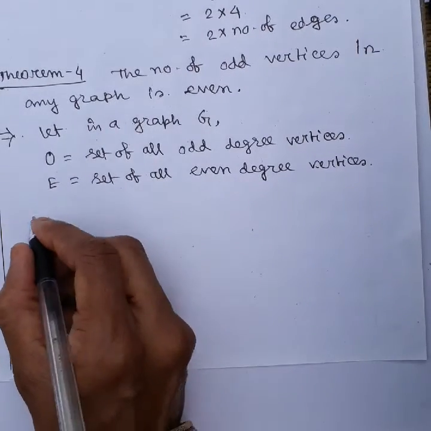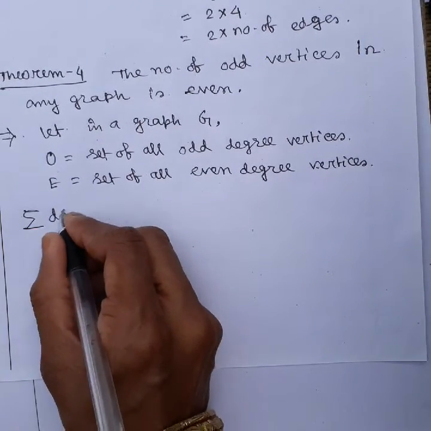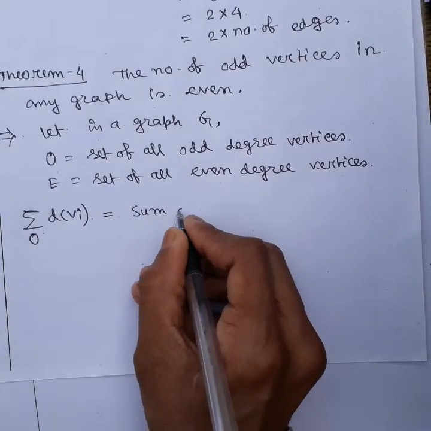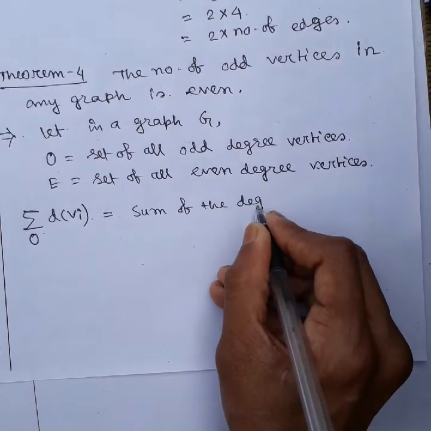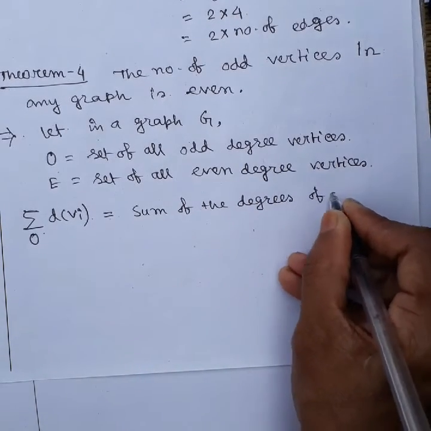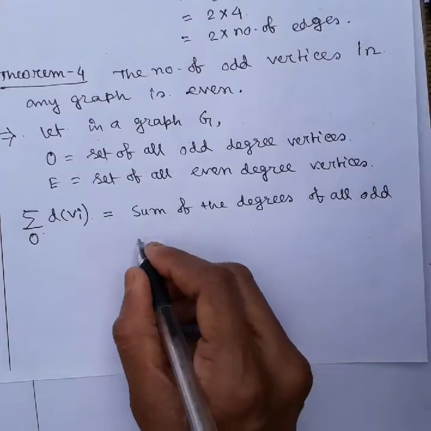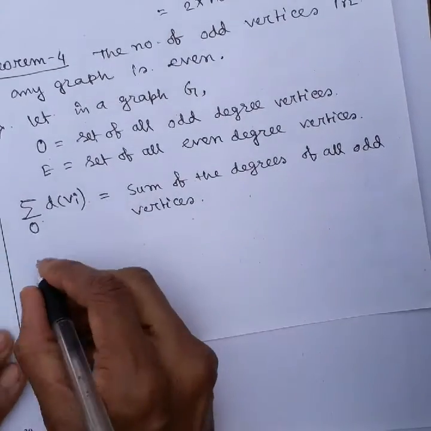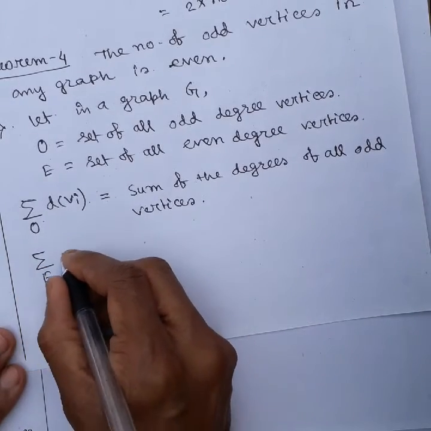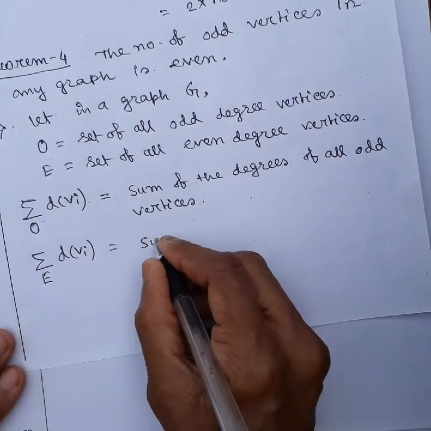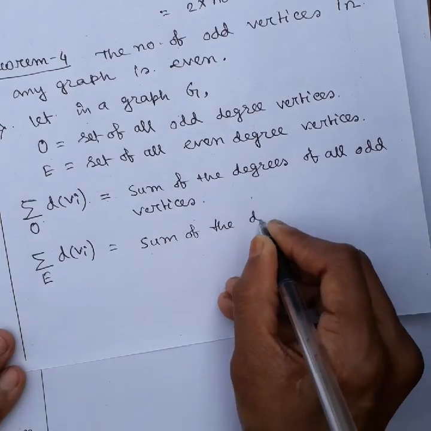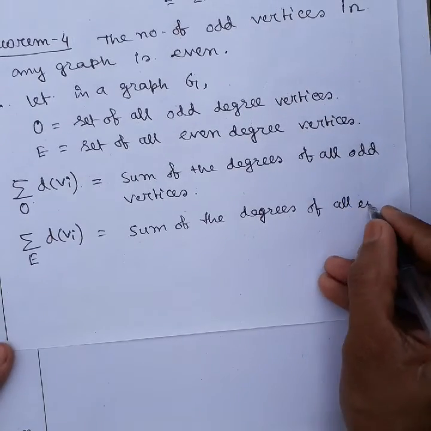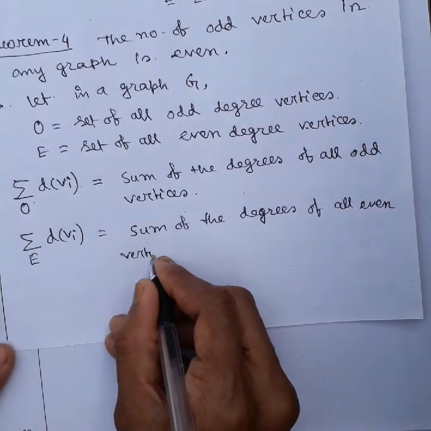So the summation of the degrees of Vi over odd is equal to the sum of the degrees of all odd vertices. And the summation of the degrees of Vi over even is equal to the sum of the degrees of all even vertices.